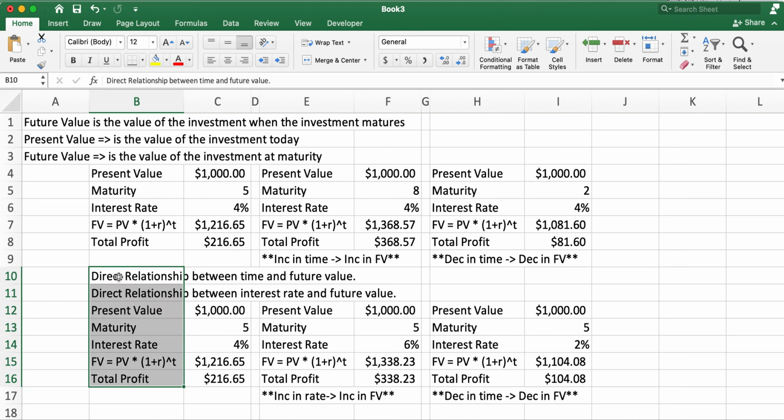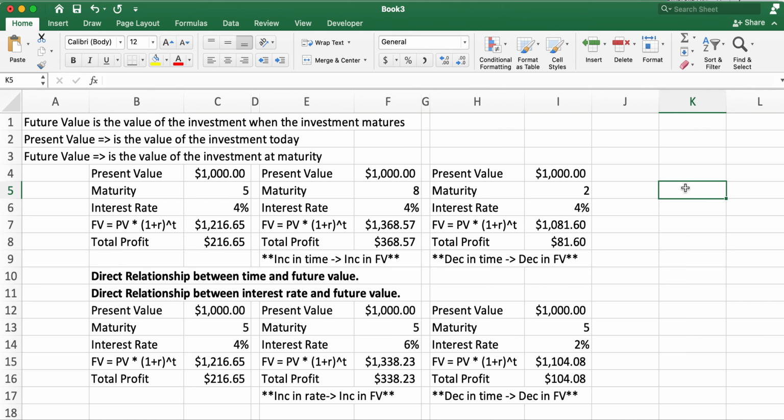Okay. And that is how we calculate future value.